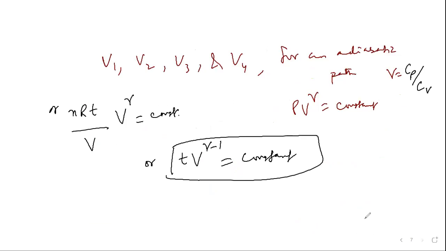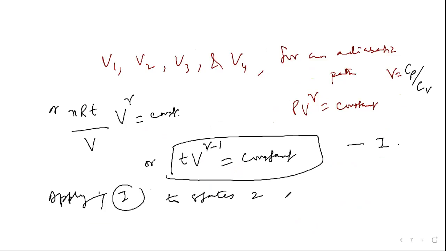So I can write Th V2 raised to gamma minus 1 is equal to Tc V3 raised to gamma minus 1.